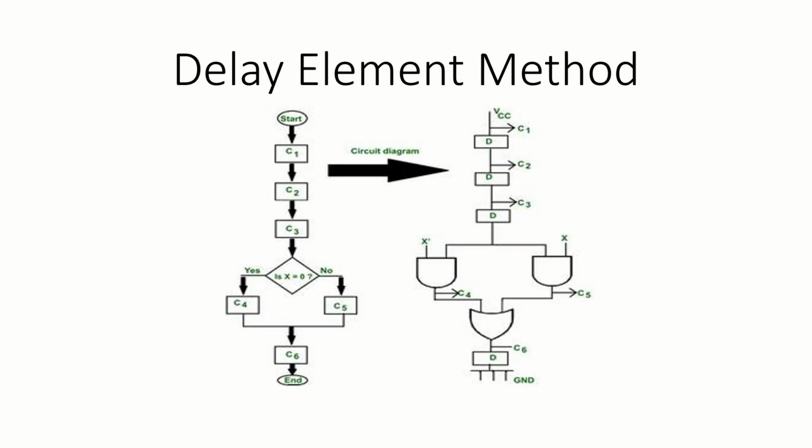Suppose P1 holds the memory address of element A, P2 holds element B, and R holds the result. I hope you guys are understanding this.